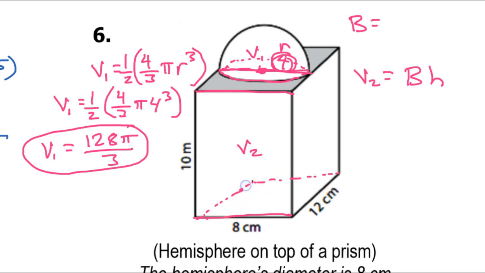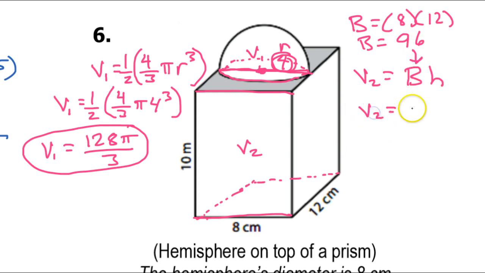I didn't do a great job of drawing it, but this is the base right here, this rectangle. And the area of a rectangle is base times height. So that's going to be 8 times 12, which is 96. So that is the area of the base.